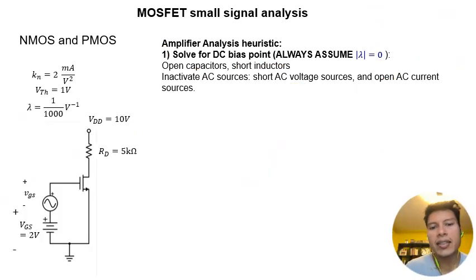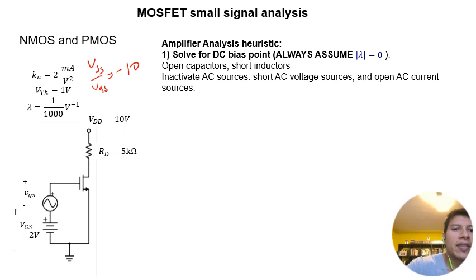Okay, so now let's analyze this circuit, which we actually analyzed in the previous lecture, and we graphically determined that the gain of this circuit, or little vds over little vgs, was actually equal to -10.